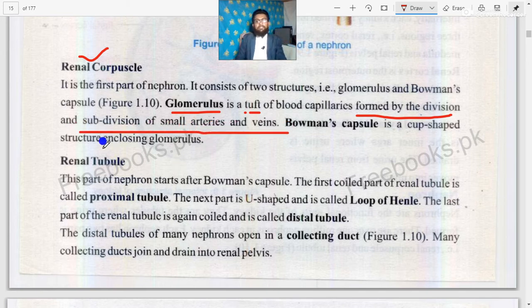Dear cadets, there are arteries and veins which enter and leave our kidney. They carry the blood into our kidney and take the blood out of our kidney.